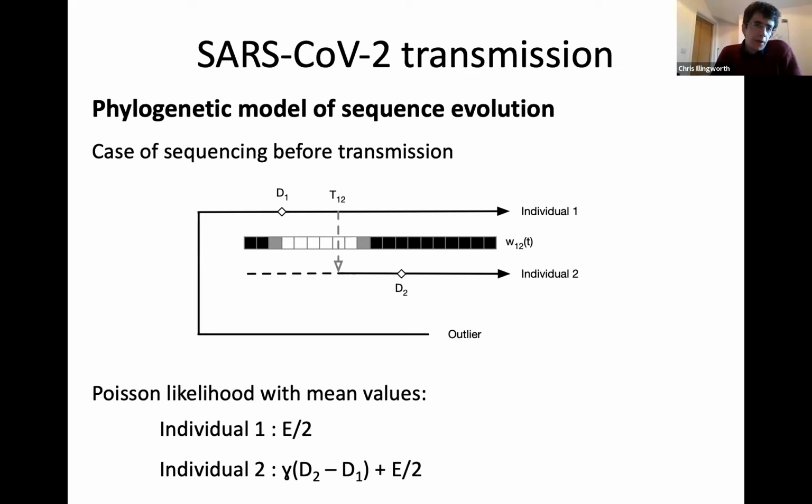But if we had a SNP in individual 1 that's not seen in individual 2, well, if we take a model of parsimony, we say that SNPs can't really reverse themselves, because it's quite easy to gain a SNP because there's 30,000 genome positions, but only one way that SNP can revert. So under a parsimony model, variants can't revert.